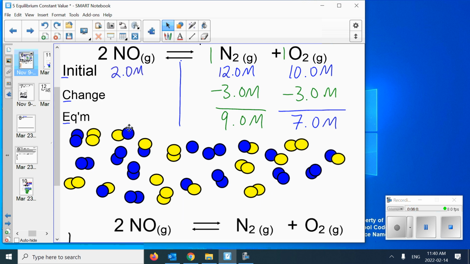If I count these up, how many NOs do I have? 1, 2, 3, 4, 5, 6, 7, 8.